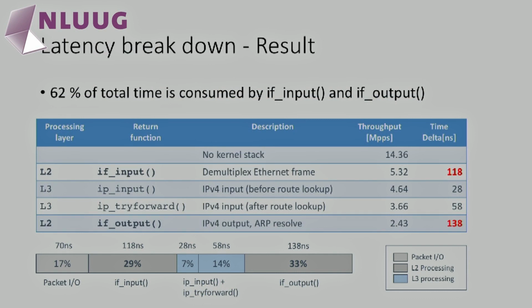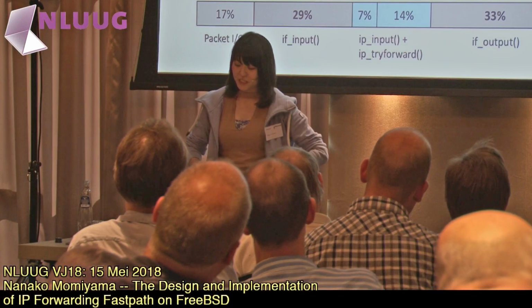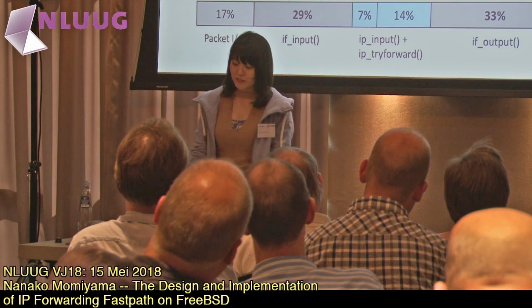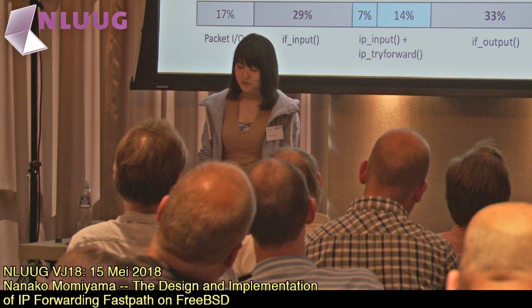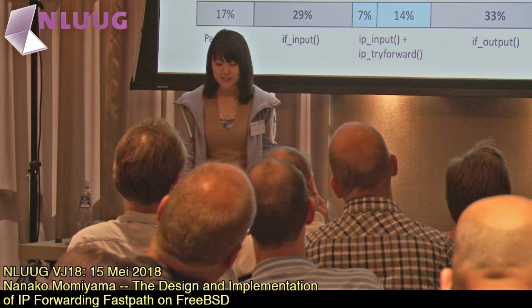This is the L2 input and L3 input, L3 output, and L2 output. And the important thing is that even if the size of the routing table is minimized, our L2 input and output consume over 250 nanoseconds to process one packet.